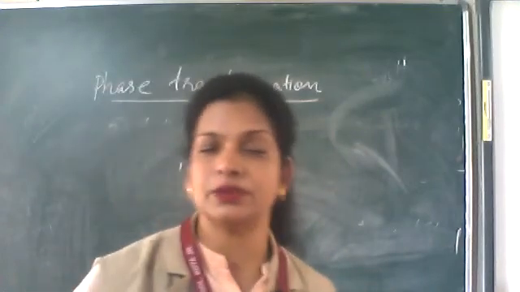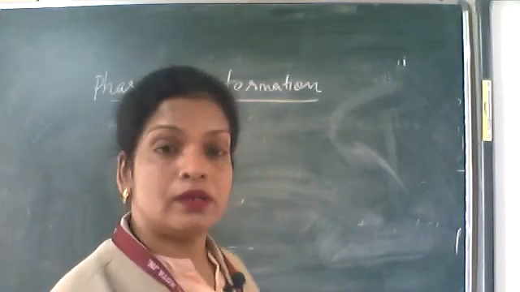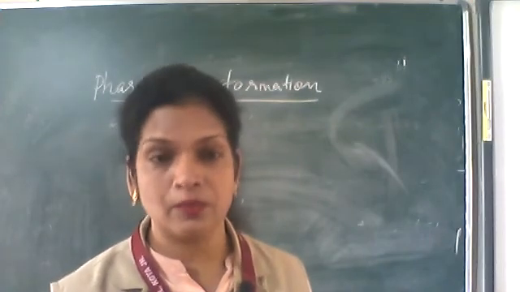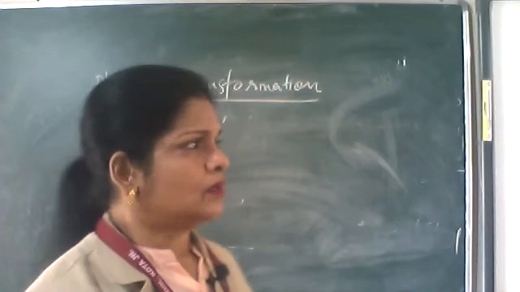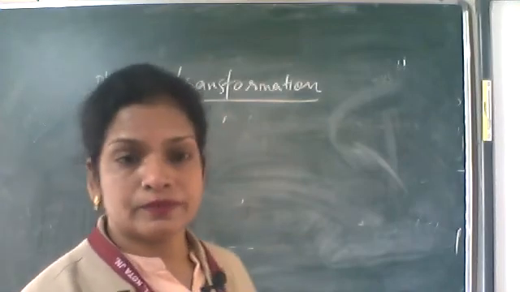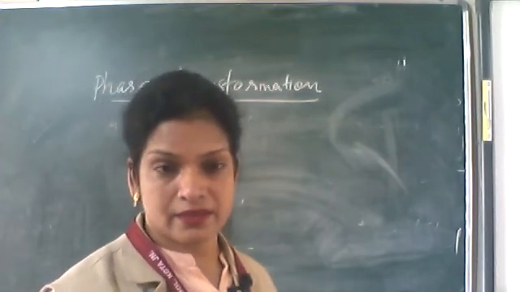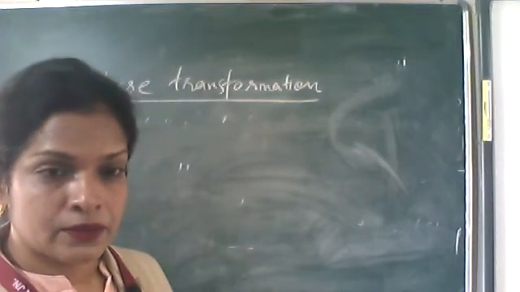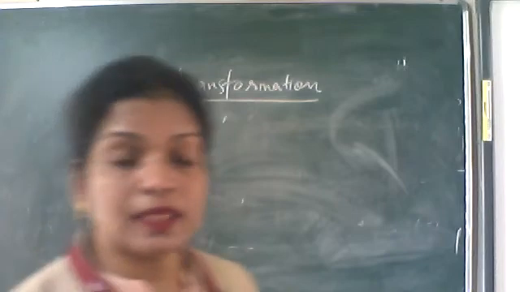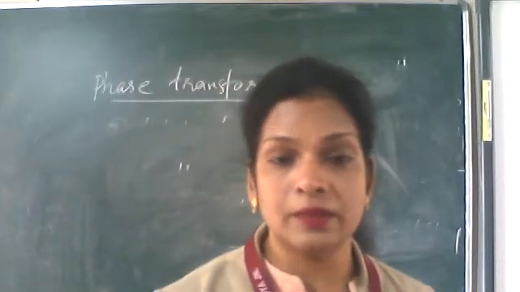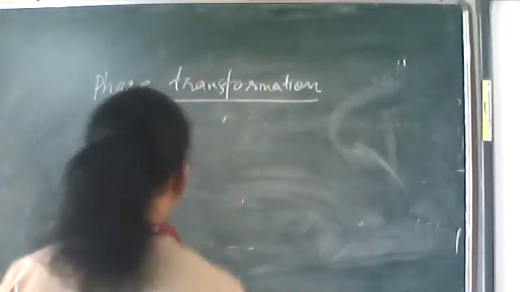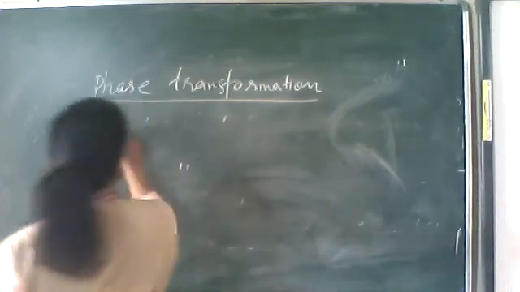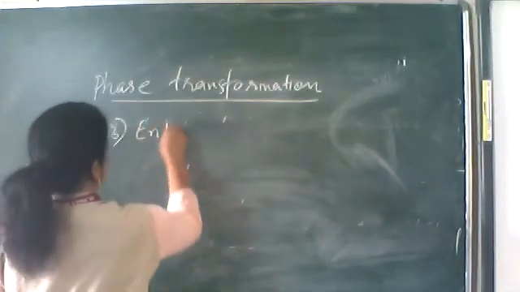That is called sublimation. You can say solid carbon dioxide, dry ice, sublimes to carbon dioxide vapor. So again here heat is absorbed. So next, number 3, enthalpy of sublimation.